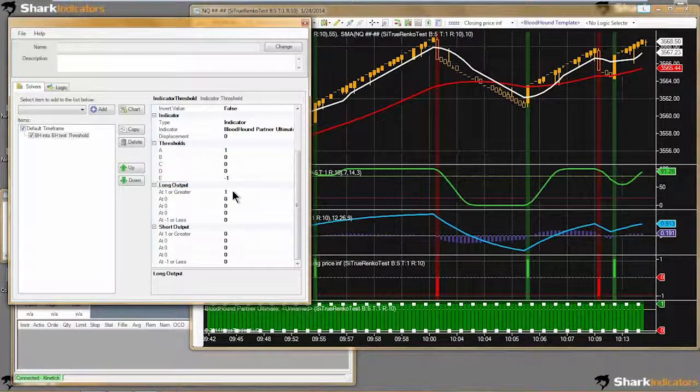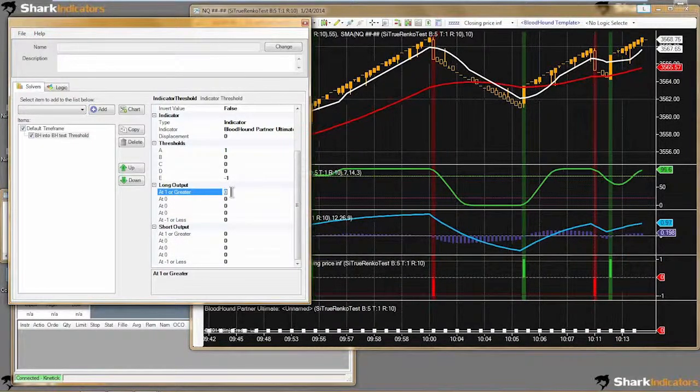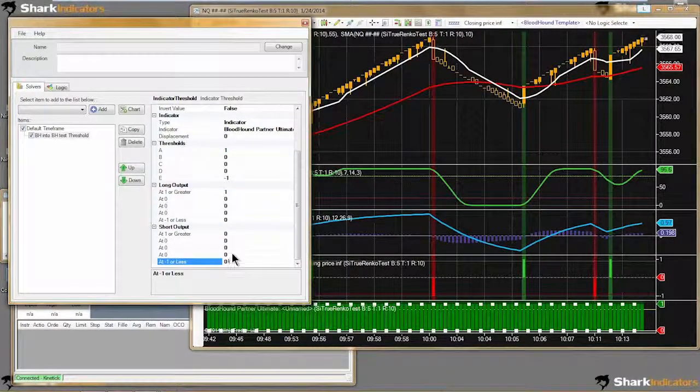So when you load up a new threshold solver, these are all set to 0. Even though you may have some thresholds set, you're not going to get any outputs from the threshold solver until you put some values in the long output or the short output. So we'll change that to 1 and set this to 1 for our shorts.